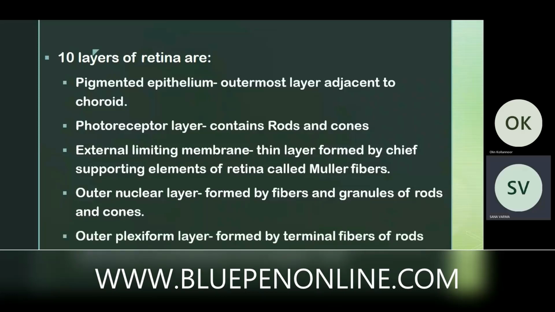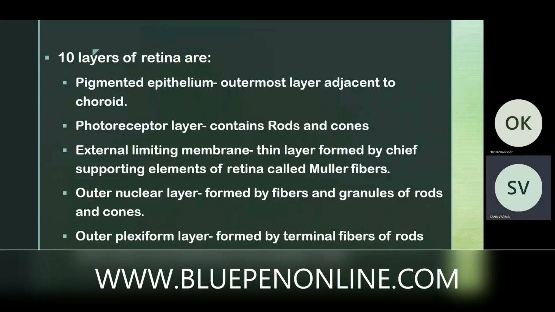Then comes the outer plexiform layer. It also contains the terminal fibers of rods and cones and dendrites from bipolar cells. In this layer we can see the synapses between the terminal fibers of rods and cones and the dendrites of the bipolar neurons.